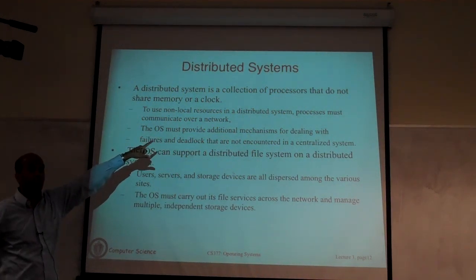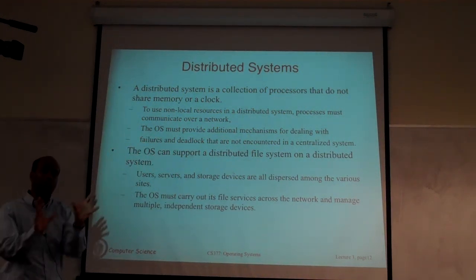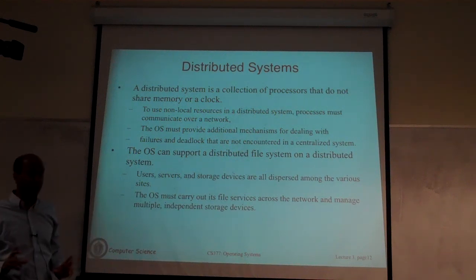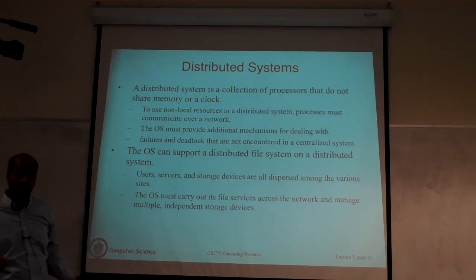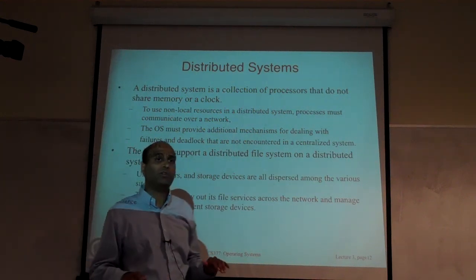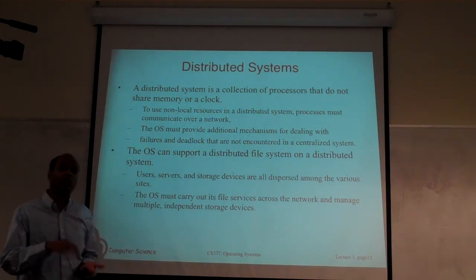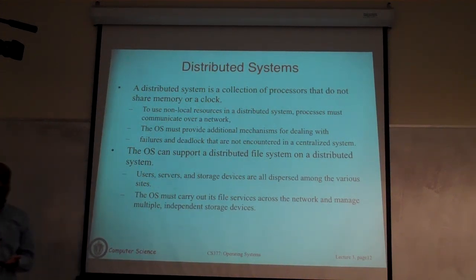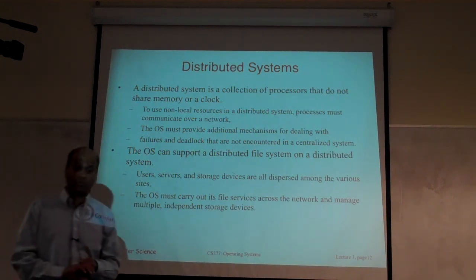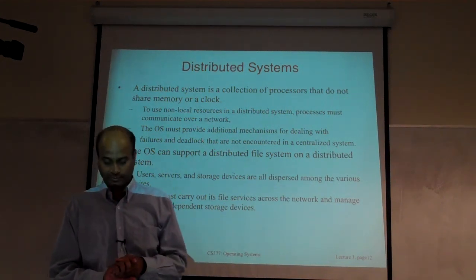So it's a collection of processors, and by processor, that's a loose definition, it's really a machine, that do not share memory or a clock, but can communicate with one another. The system's view of a distributed system is that these are processes that communicate over a network. So you can use either the hardware definition or the software definition. What I put here was the hardware definition, but what I spoke about was the software version.